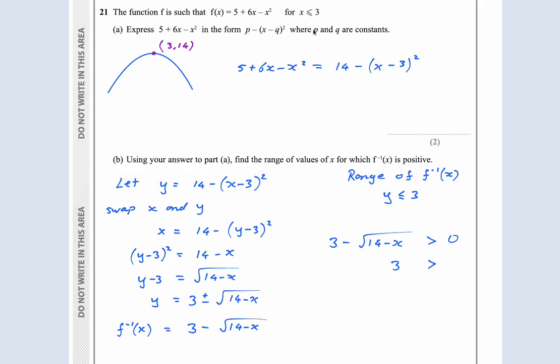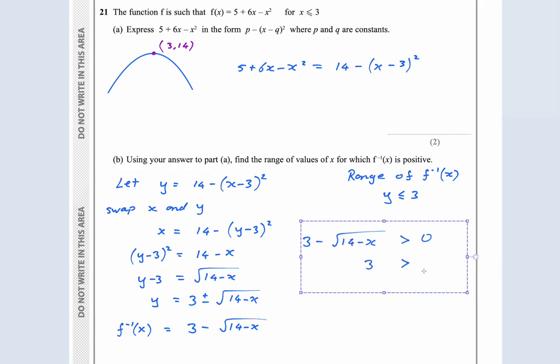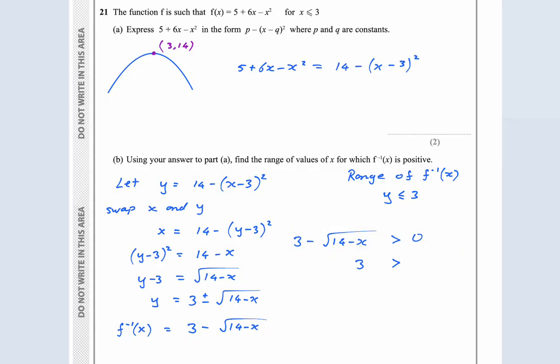So I'm going to add this to the other side. So it's root 14 minus x, because I'm adding this. Then I square both sides.